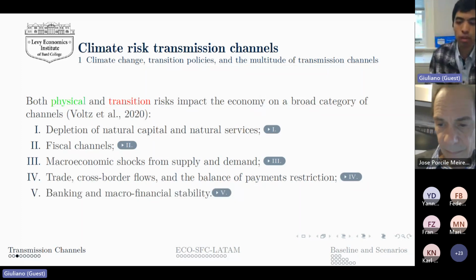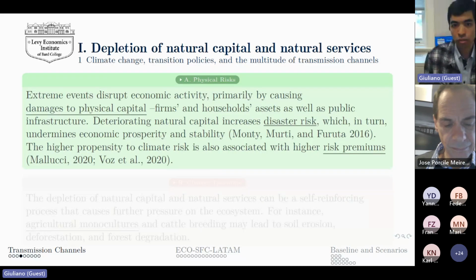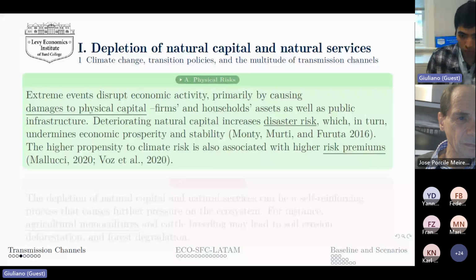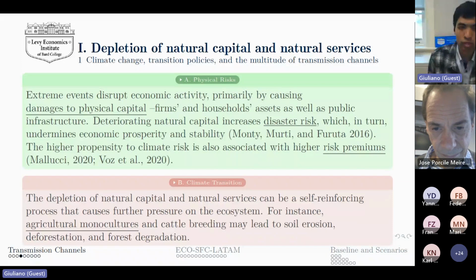And finally, on the macro financial stability and also the banking channels. So what about the depletion of natural capital and natural services? Well, for the physical risk, the impact is quite straightforward.